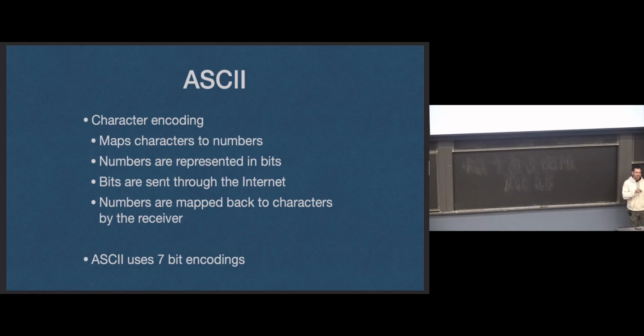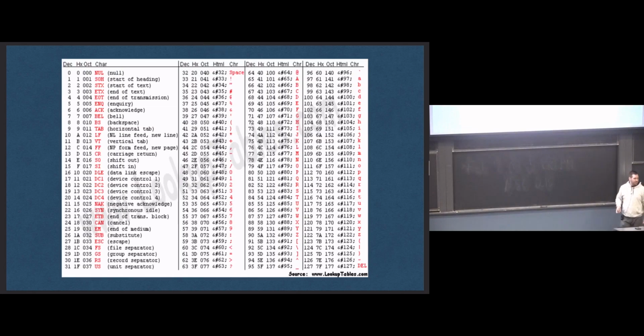So what we're going to do is put this chart out there. We all agree what ASCII is. It's this chart. This is the entirety of ASCII, and for every character that we want to send, like if I want to send a capital P, I'm going to send the decimal value 80, in hex that's going to be 50, and send that value as binary over the internet.